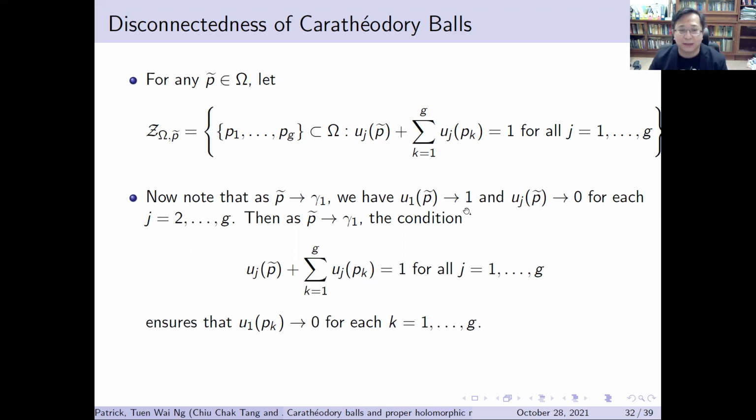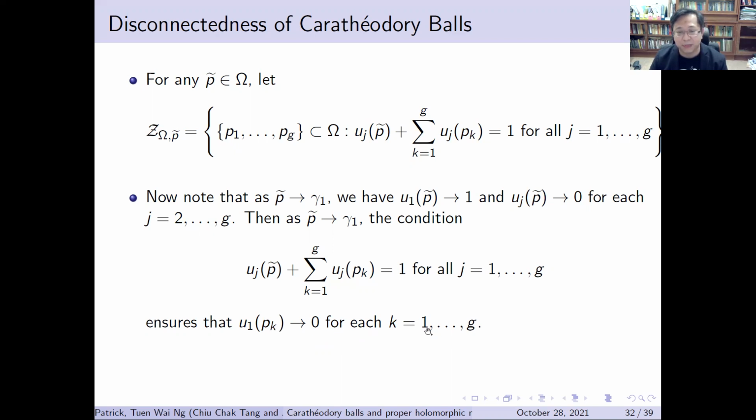Then you make use of this condition. Notice that all these numbers have to be greater than or equal to 0. If one of them gets close to 1, then the others will basically tend to 0. That's why you get this condition satisfied.